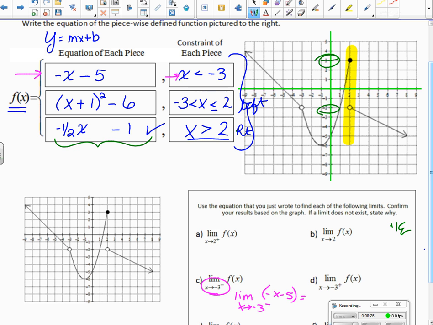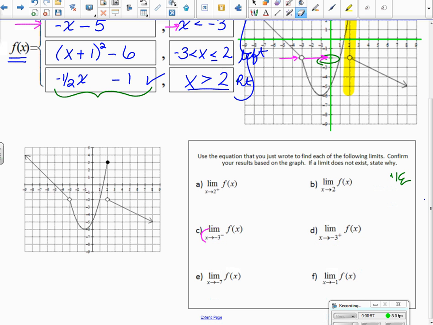If I plug in negative 3, I'd have the opposite of negative 3 minus 5. So I have positive 3 minus 5, so negative 2. Looks like the right quantity. And if I check that on the graph, it is at a height of negative 2. Good. So our answer to this one is negative 2, for the reasons that we concluded.